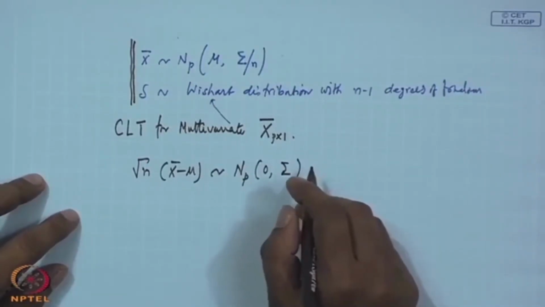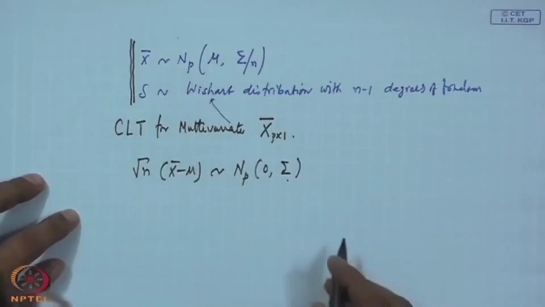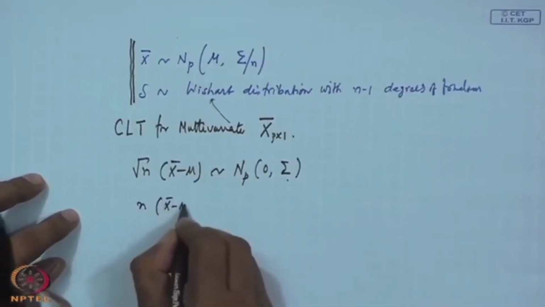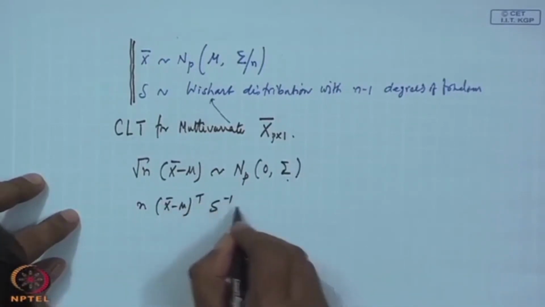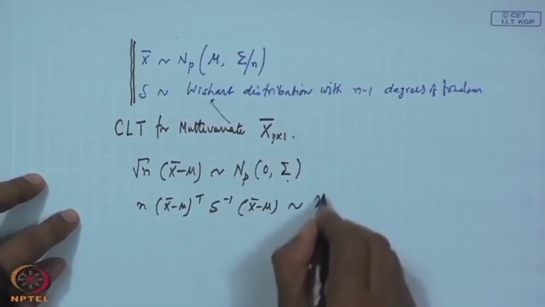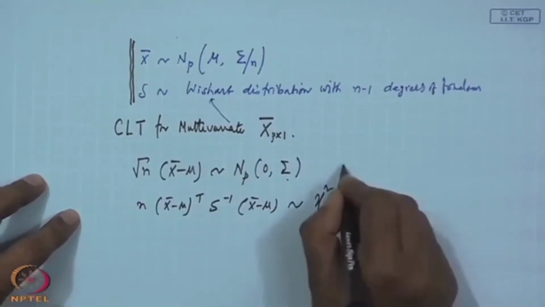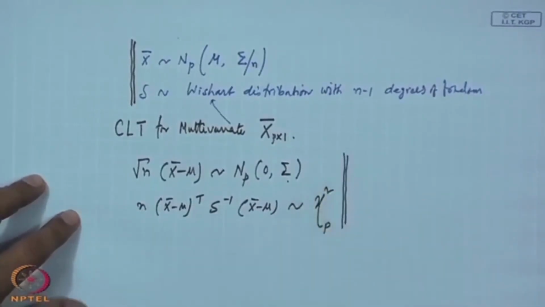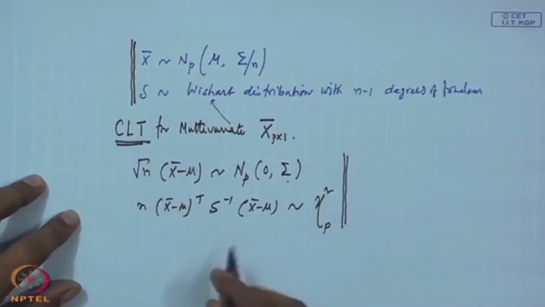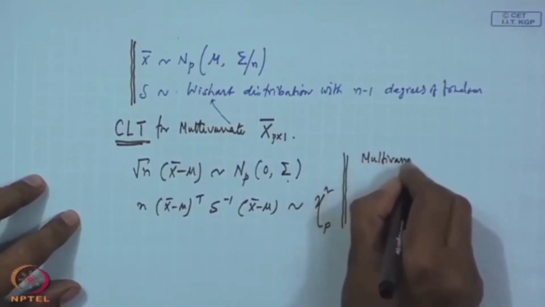Last class some of you have seen this. Also, n times x bar minus mu transpose S inverse x bar minus mu follows a chi-square distribution. That is the multivariate central limit theorem.